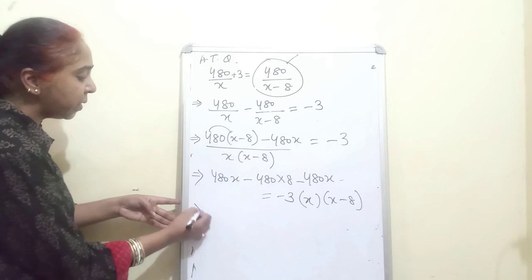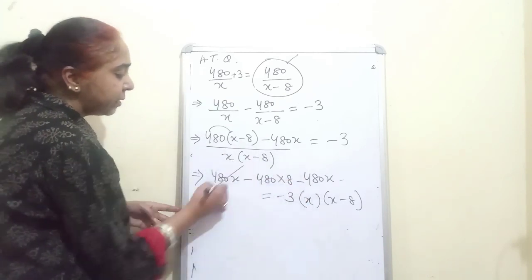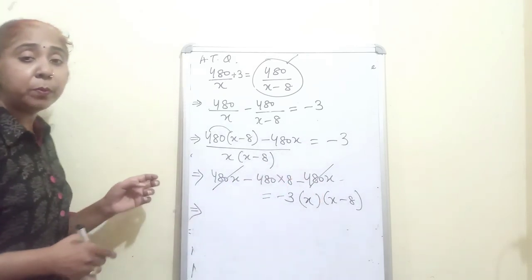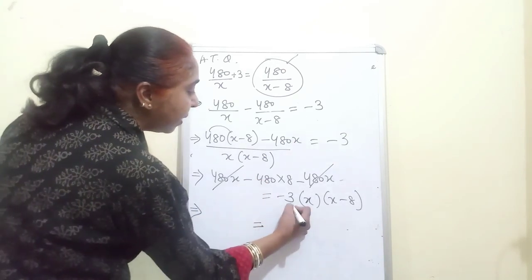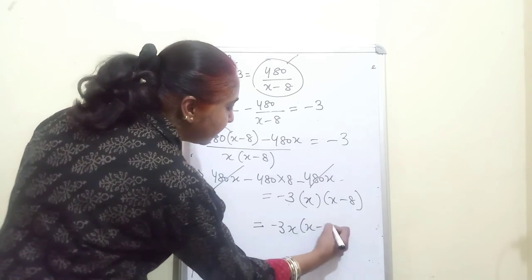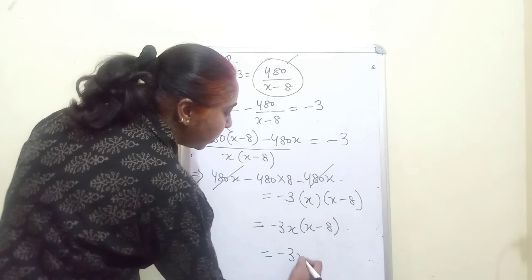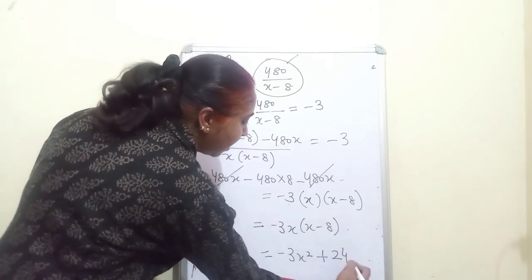Now you have to tell me, have you observed anything? They are cancelling, they cancel out. And what will be the product of 480 into 8? Till then I'll multiply this, minus 3x into x minus 8, and it will be minus 3x square, minus minus plus, 8 3s are 24.